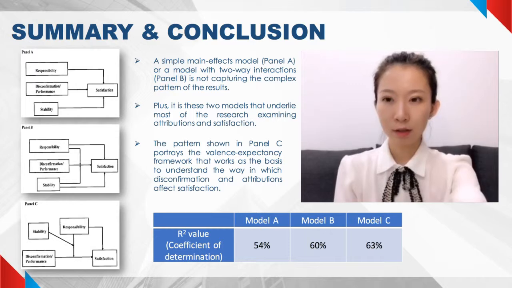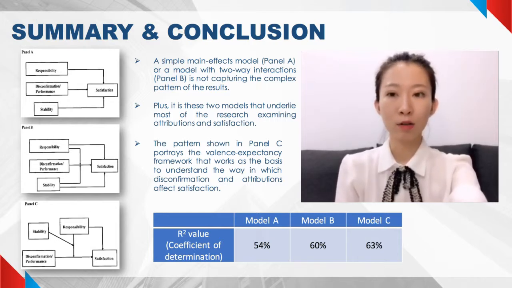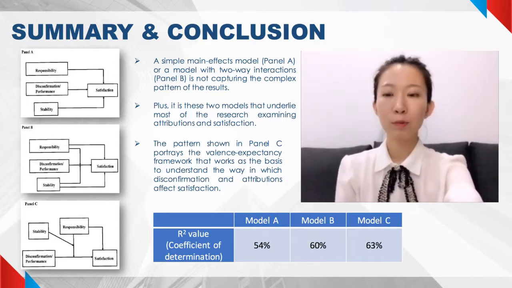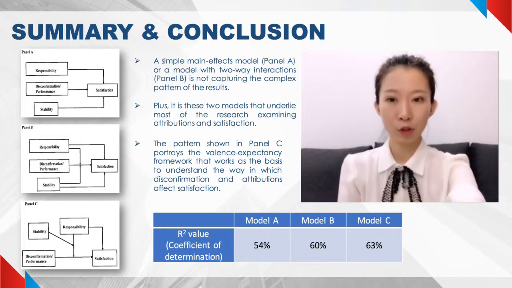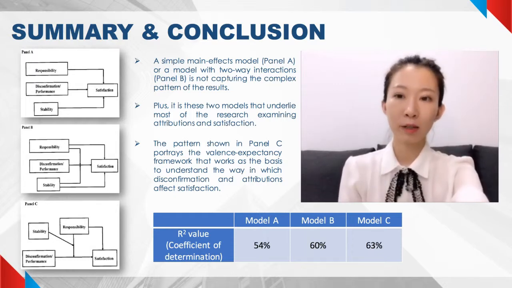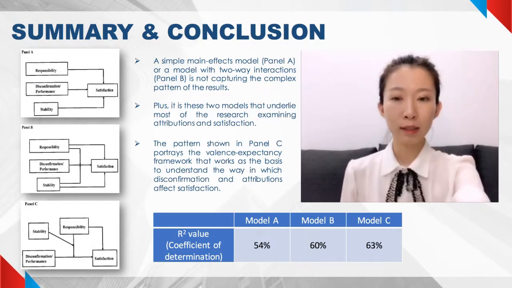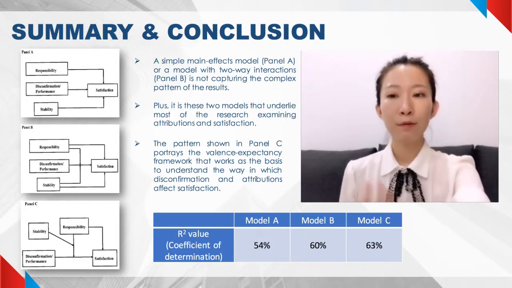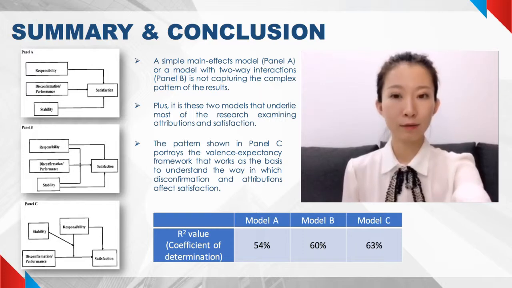Move to the next slide. Model C is a three-way interaction model where satisfaction is directly affected by disconfirmation and responsibility. But at the same time, responsibility also affects disconfirmation. So there are two ways of interactions. Then, in this model, stability does not directly affect satisfaction, but stability affects responsibility, and responsibility affects disconfirmation, and finally, disconfirmation affects satisfaction.